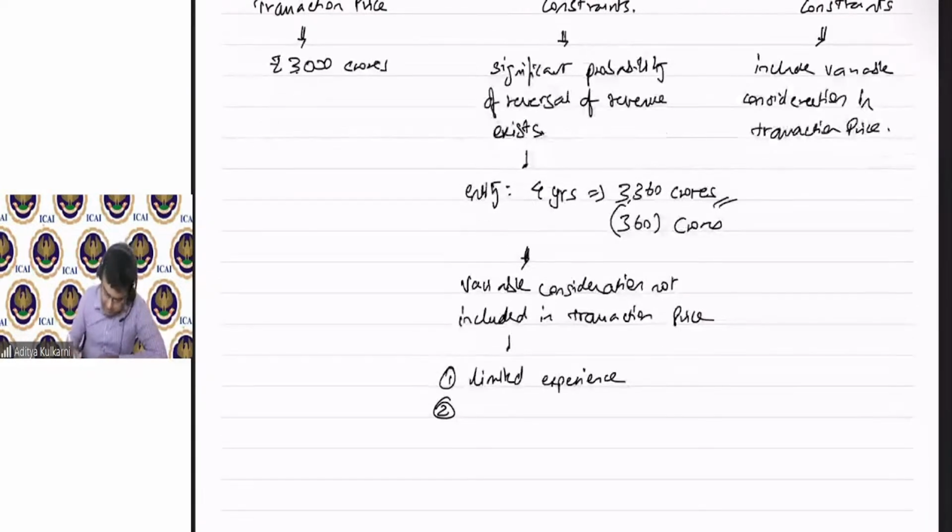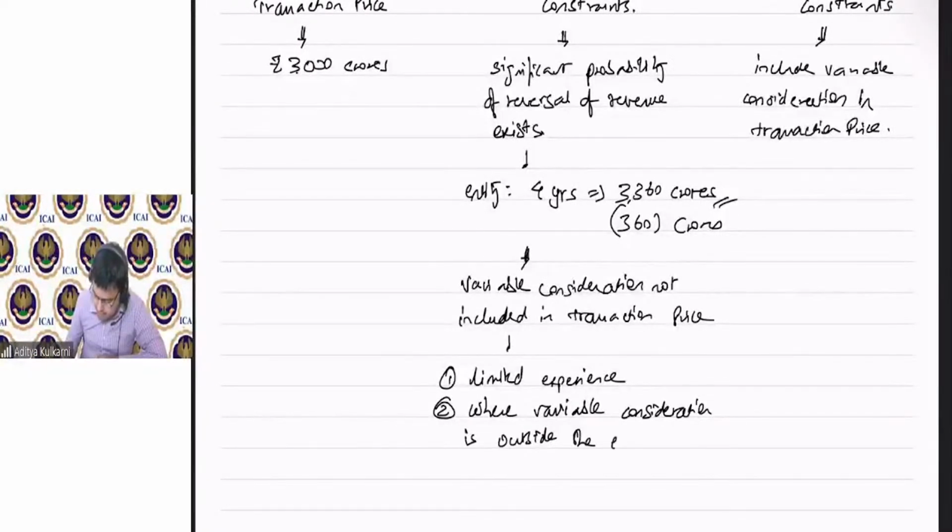And second one is where variable consideration is outside the entity's scope. Example, market-based bonus.